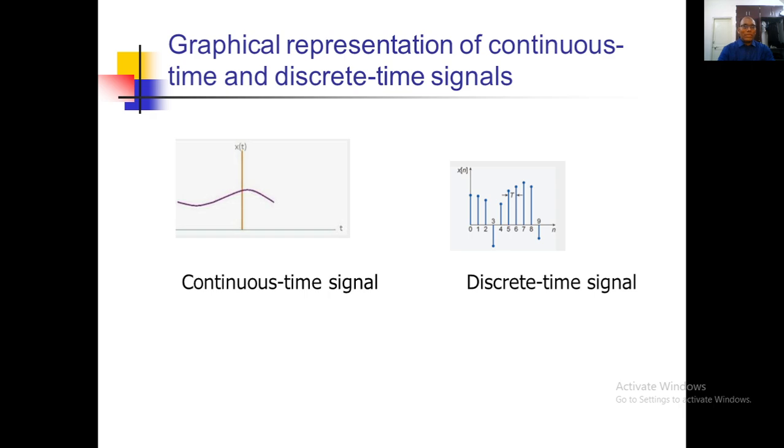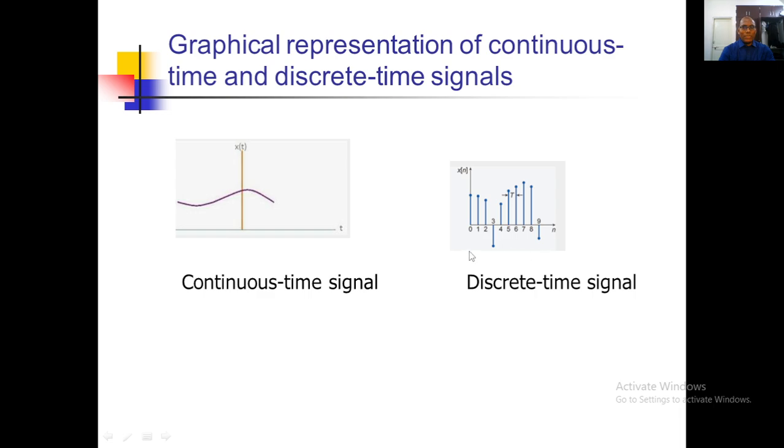See, these are graphical representations of continuous time signals and discrete time signals. Continuous time signals are defined for each and every value of time. On the x-axis there is time, the independent variable, and on the y-axis the values of the signal, and the signal is defined for a continuum of values of time.